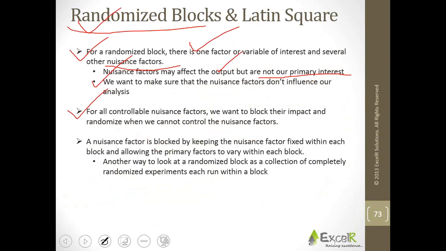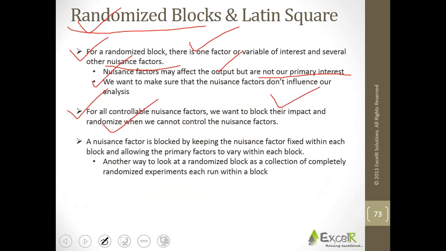For all controllable nuisance factors, we want to block their impact, and randomize when we cannot control the nuisance factors. Controllable nuisance factors means there will be nuisance factors, few of them under your control. AC, for example. If it's very warm, people tend to sleep.